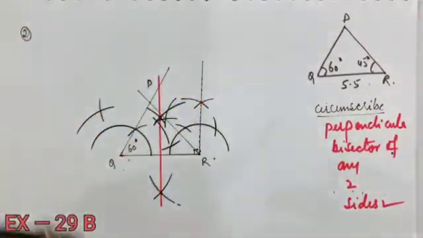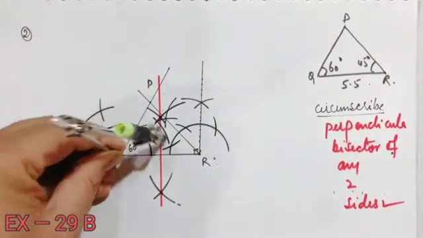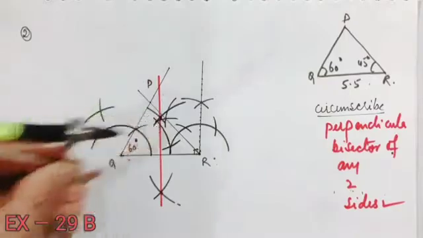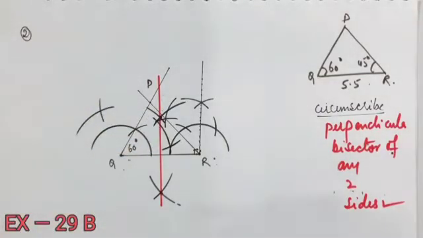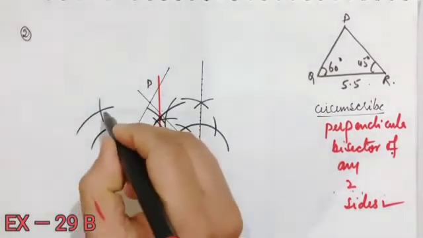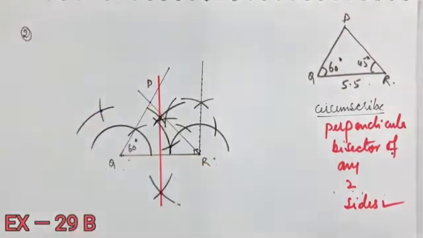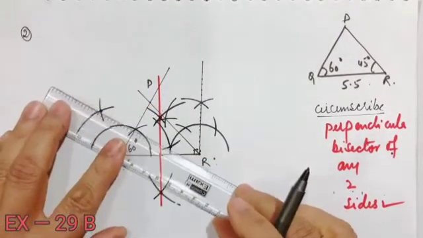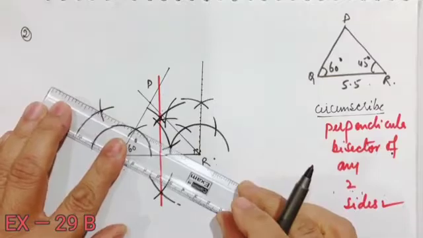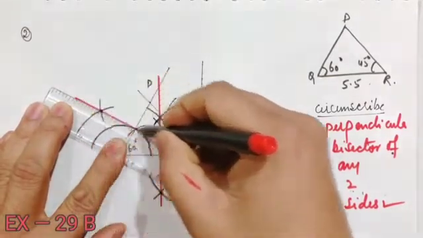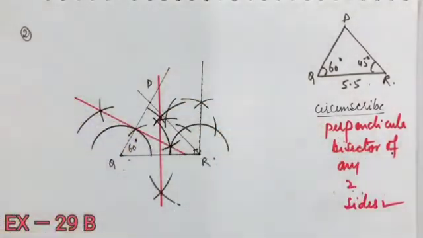Okay, I got the point over here and I got the point over here. So मैं इसे join कर दूँगा. Yes, I joined it. These are the two perpendicular bisectors.